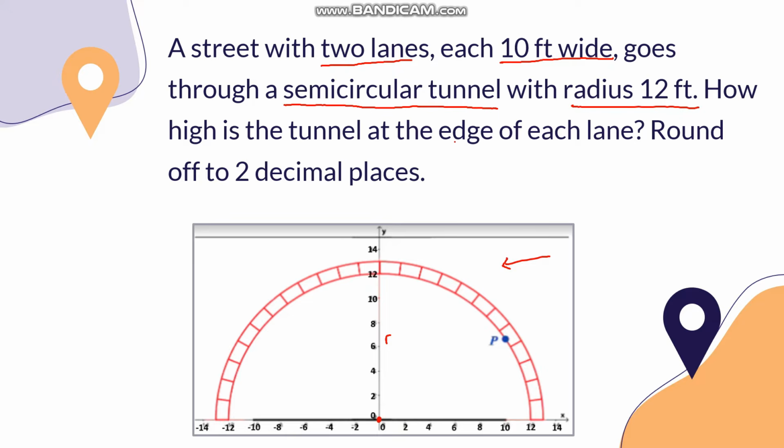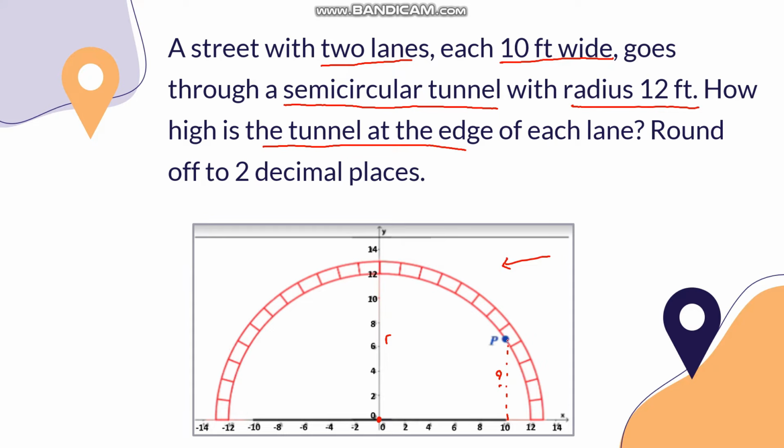Now the question is, how high is the tunnel at the edge of each lane? This is our lane, and this is the edge. How high is the tunnel? We're referring to the height. If we put a line here, we're referring to how high this is. So this is the question: how high is the tunnel at this particular point?